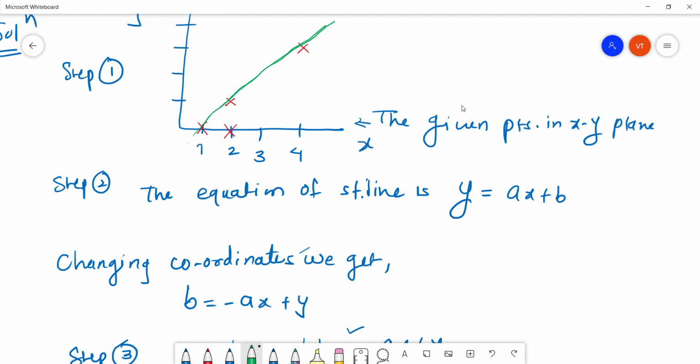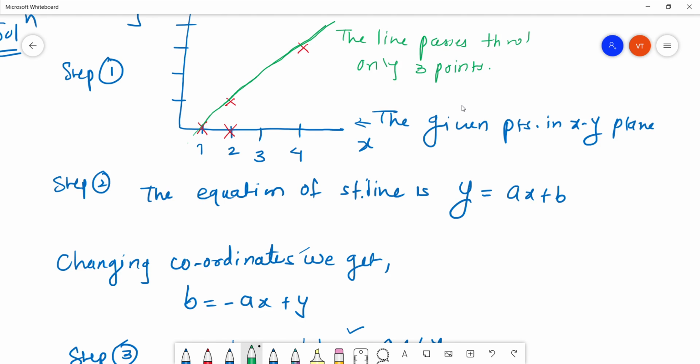Initially we had 4 points. Out of these 4 points, the line passes through only 3 points.